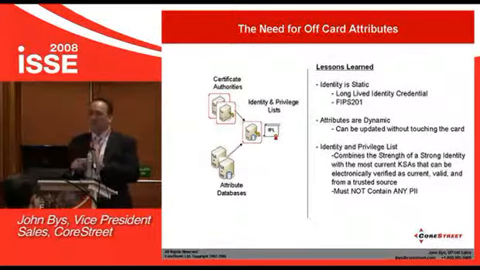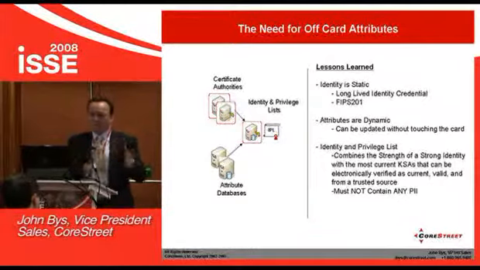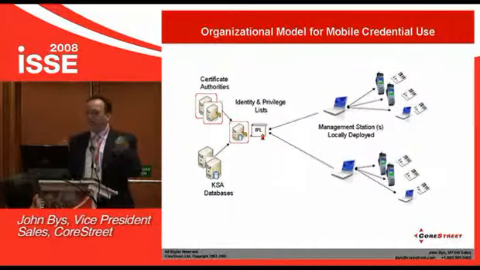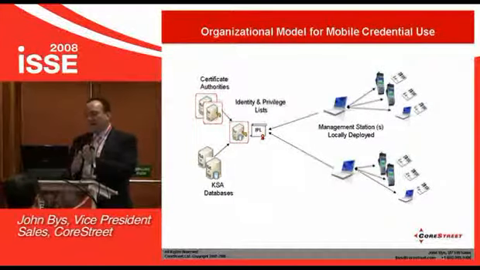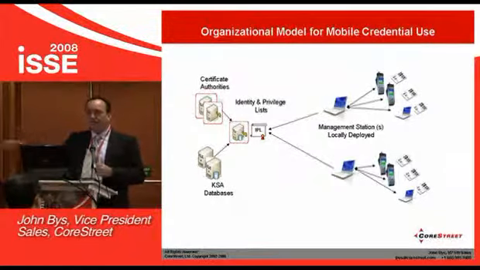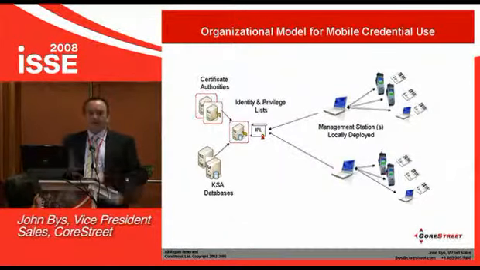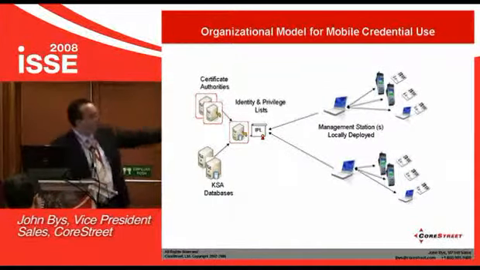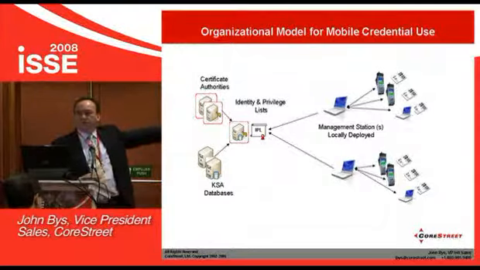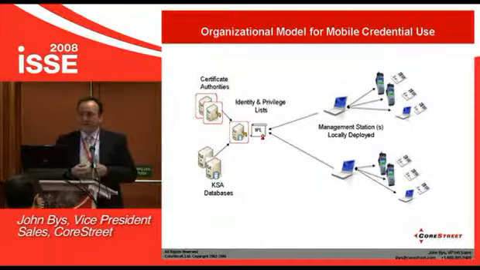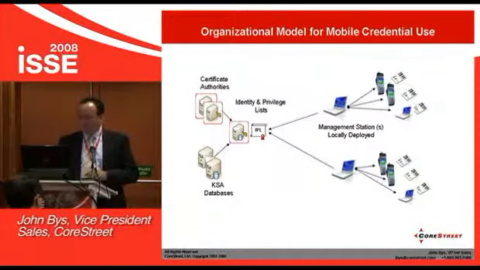Distribute it out locally, let the local entities, whether those are states, cities, regions, divisions of an organization, manage those identity attributes on their own and then distribute them locally so that that information, once again, is resident, local to wherever it's being used. And any connectivity back to the issuing source does not have to be live at the time of usage. So I fall back on those four things.